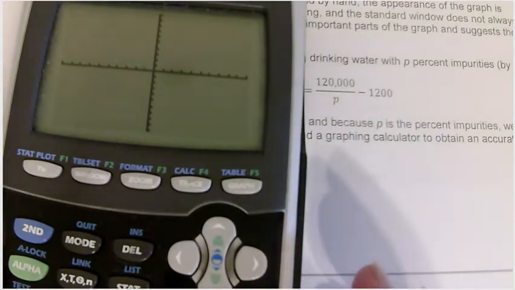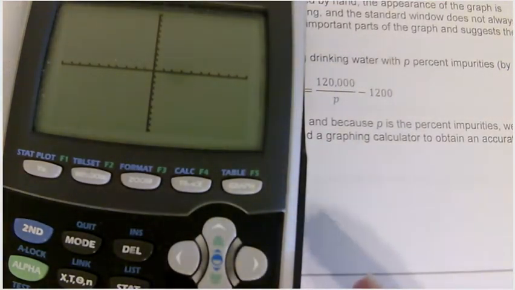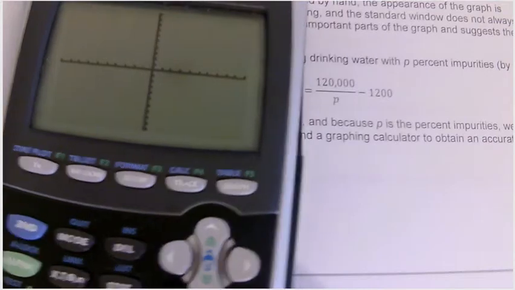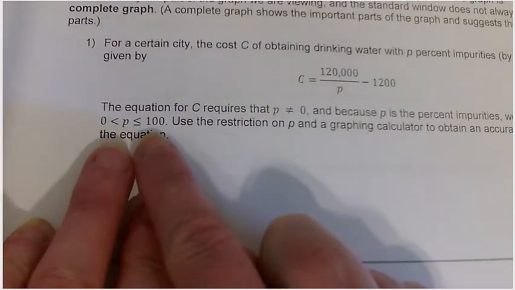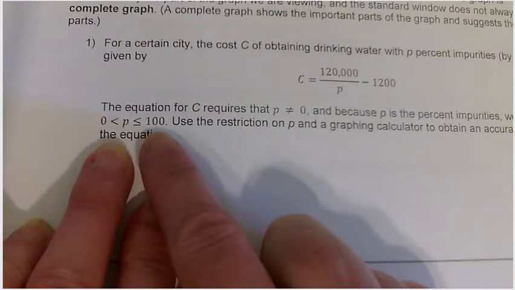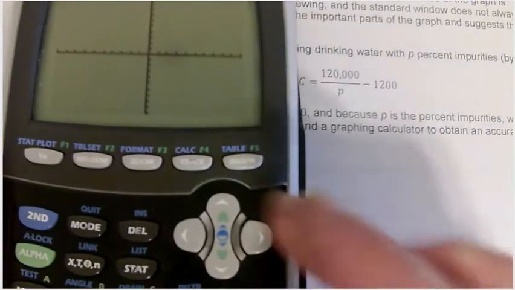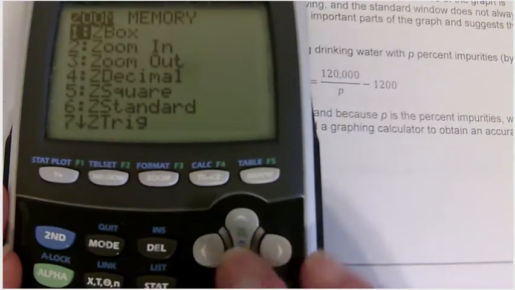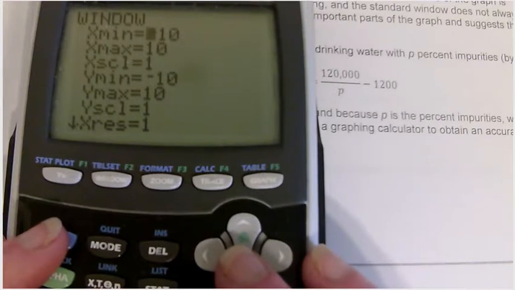So the next thing we need to change is, let's start with the x values. Well, if P is a percent, it's going to be from 0 to 100. So we're going to start there. We go to zoom. Oops, not zoom. Window. So here's where I can change all that.